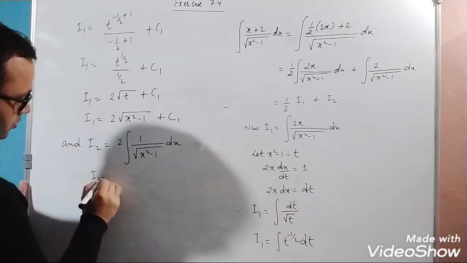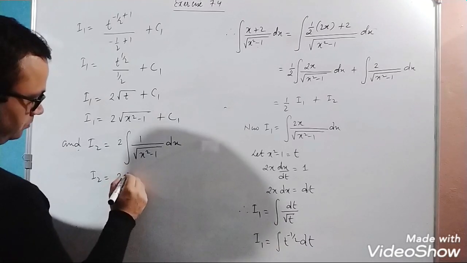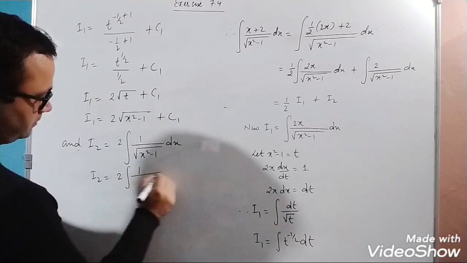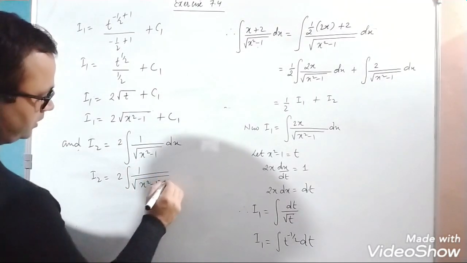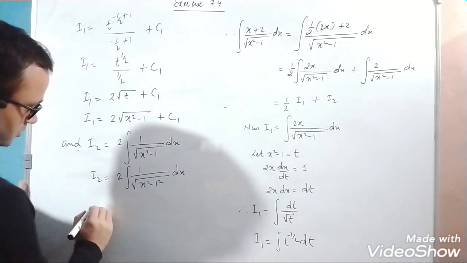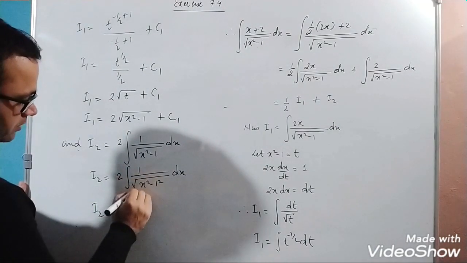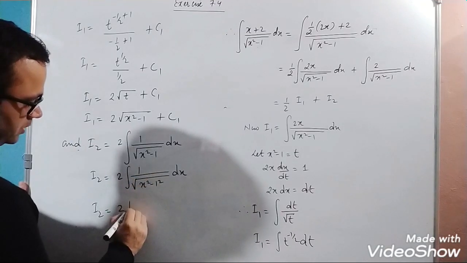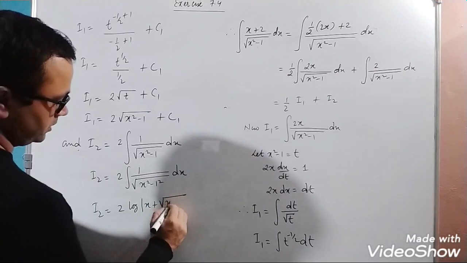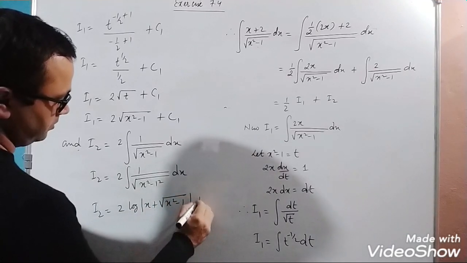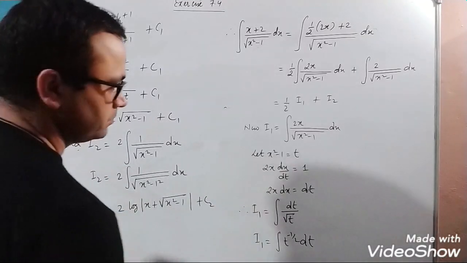So I2 equals 2 times the integration of 1 by root under x square minus 1 square dx. What is the formula for 1 by root under x square minus a square? It is log of x plus root under x square minus 1 square, that is 1, plus c2. We get I2.